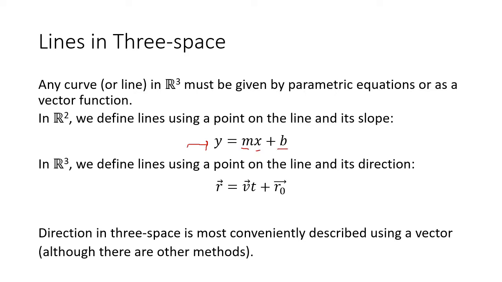Well, it's going to be very similar when we use our vector functions. So r equals v, then your variable t, and then r0. And again, it's very much going to be related to that point slope. Direction, your variable or parameter, and your point.